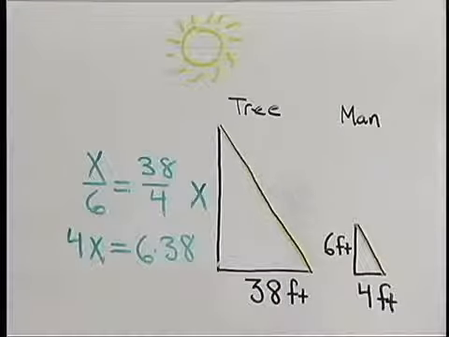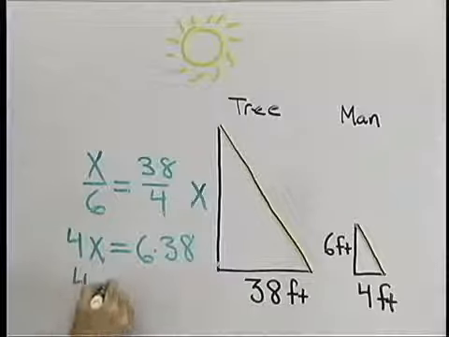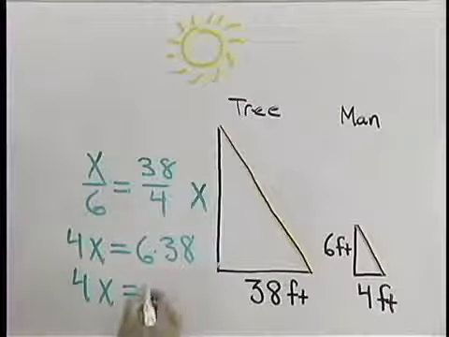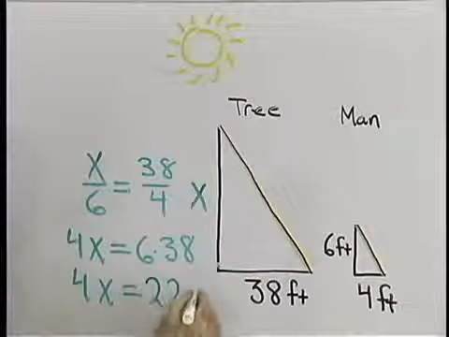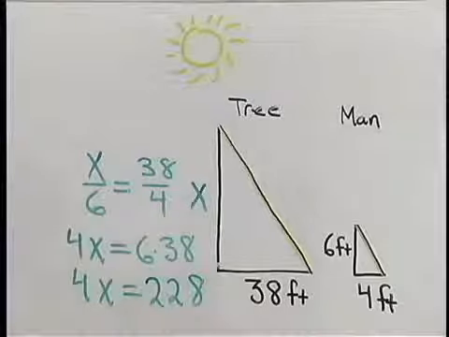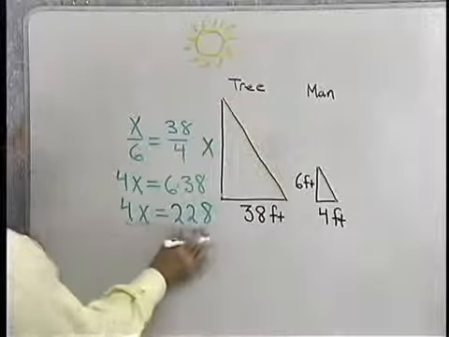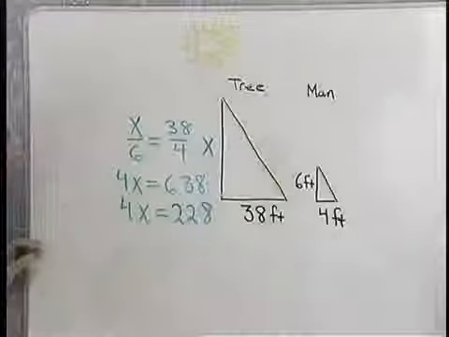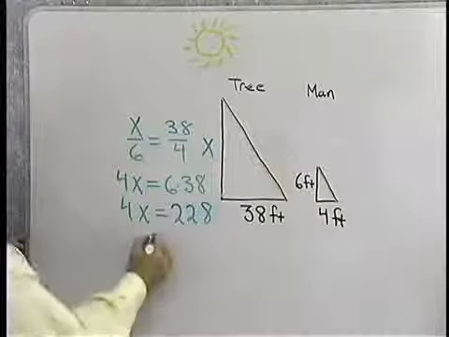Now I'll work that out on a calculator. That means that 4X must be equal to 228. I divide both sides of this equation by 4 to end up with 228 divided by 4, which on the calculator is 57.